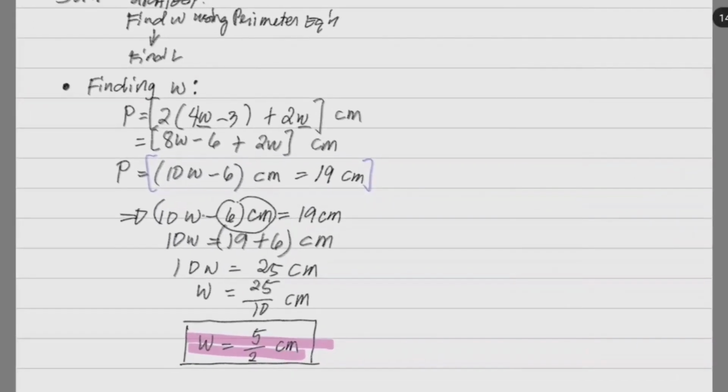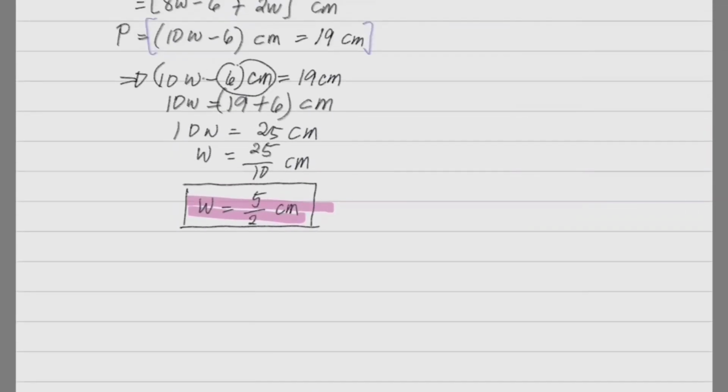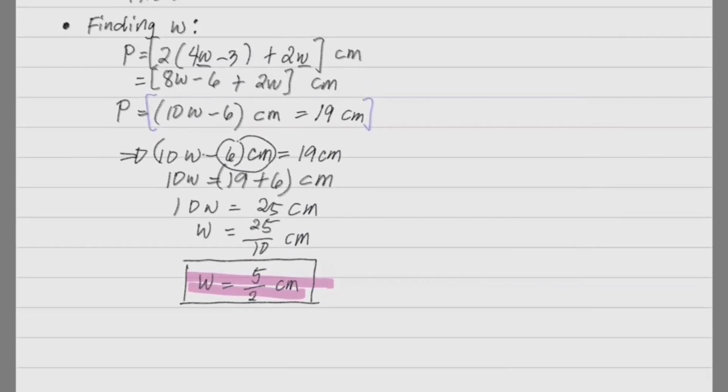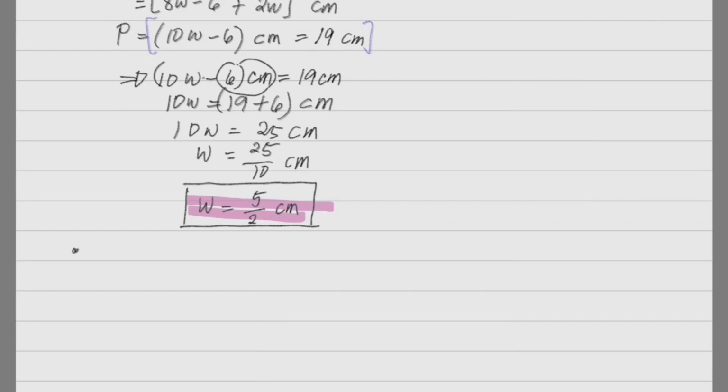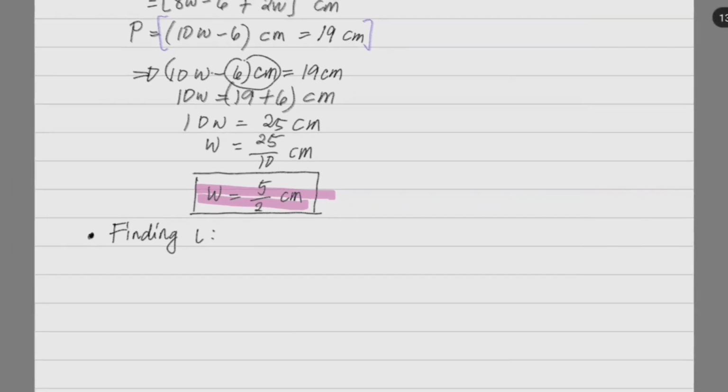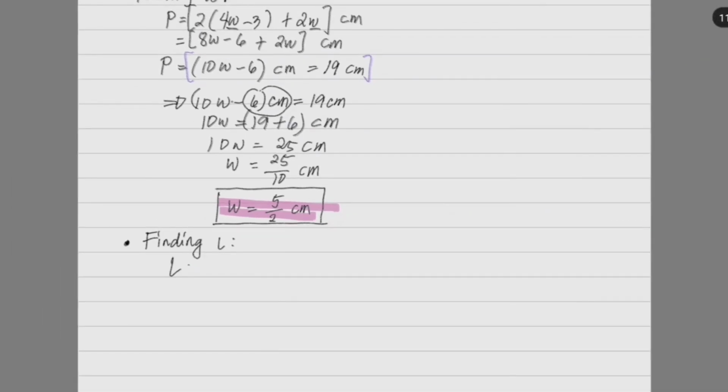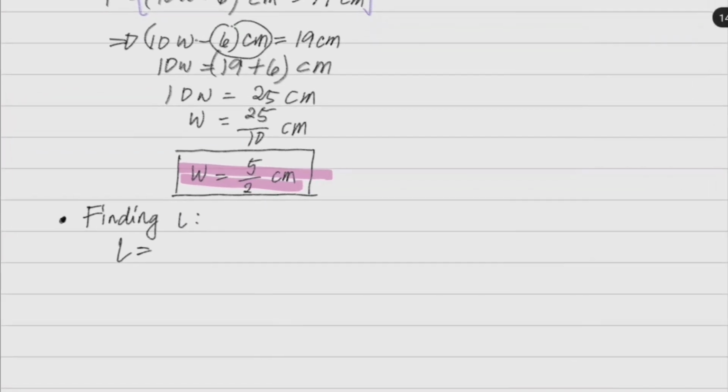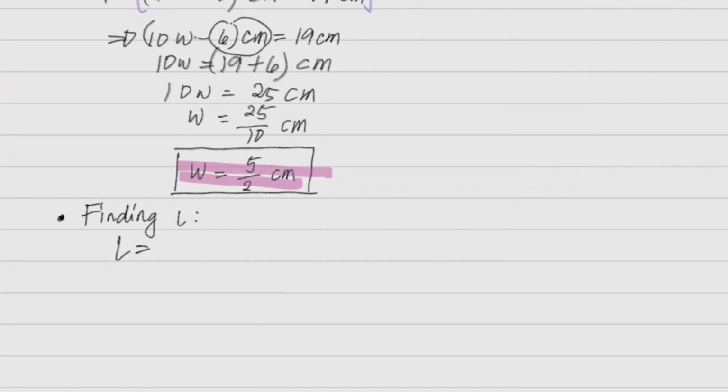Now we will try to solve for the length. And it's just easy. We put here finding the length. Since we already set up the equation, assuming it is correct, it's 4W minus 3 centimeters. It's equal to 4 times 5/2 minus 3 cm.